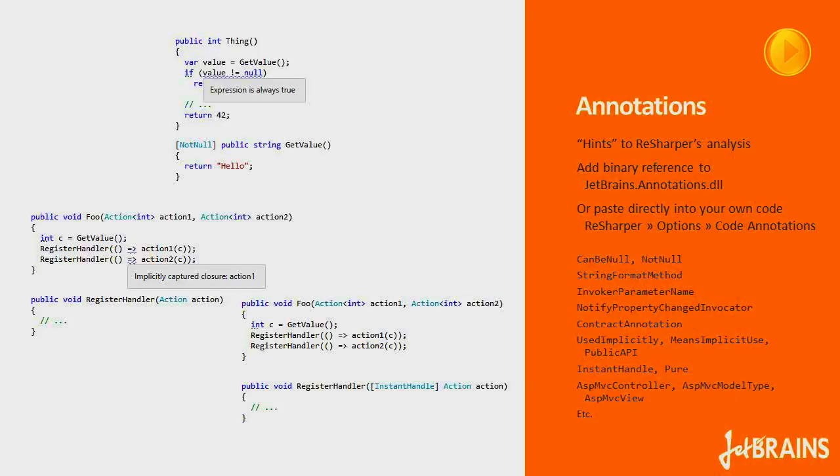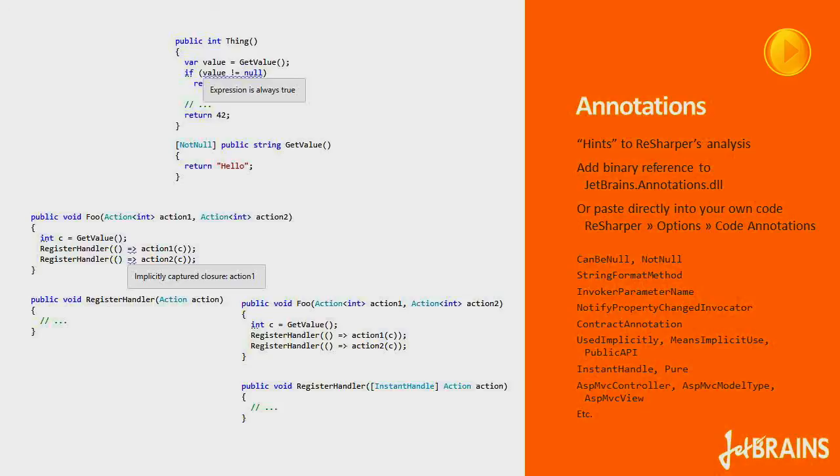So when the C# compiler is compiling this code, it will build an inner class in the class that we're using here, and it will add both action 1 and action 2 into that class. And when it rewrites this method to instantiate that class to hold those values, it means that action 1 and action 2 could have a longer lifetime than you are expecting. And so ReSharper is giving you a warning here to say you've captured more information than you're expecting to.